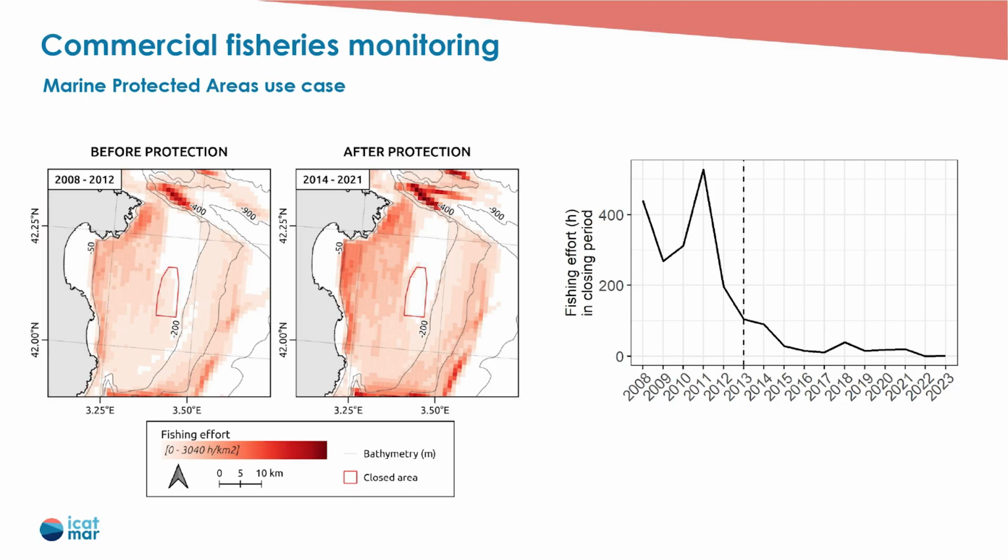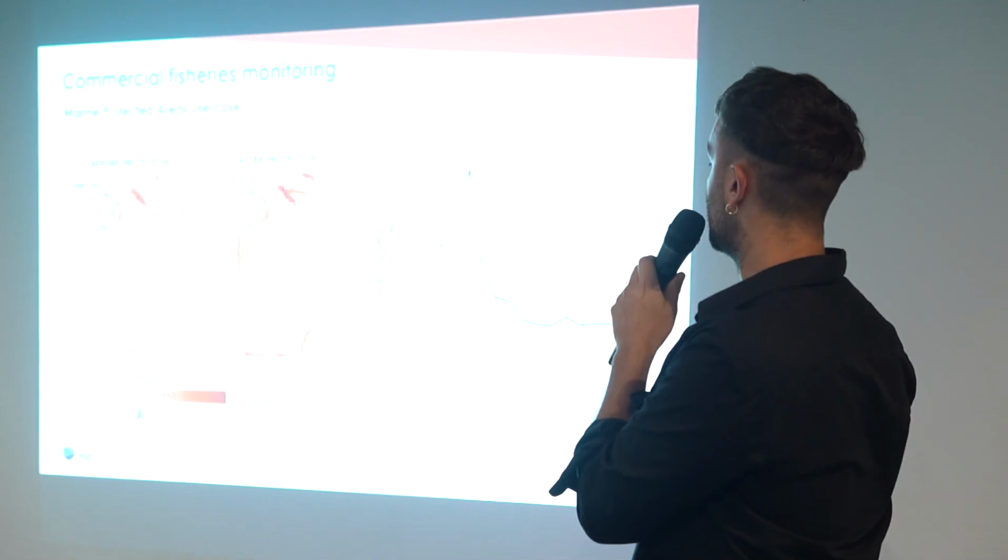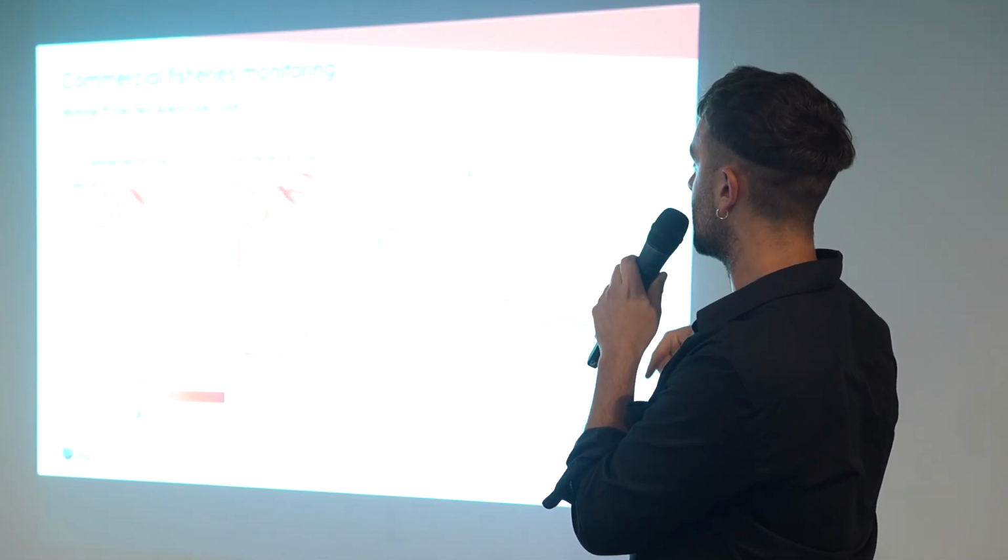What we do here, and you can see in the maps, is the monitoring of the fishing effort before and after the protection of a specific area. And you can see how after the protection, the fishing effort is removed from the zone. We can do this through maps, but obviously we can also quantify it, for example year by year, and have the evolution of the fishing effort inside these areas.